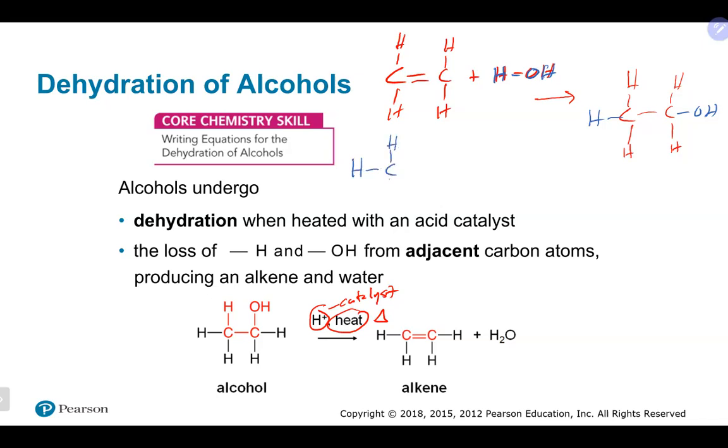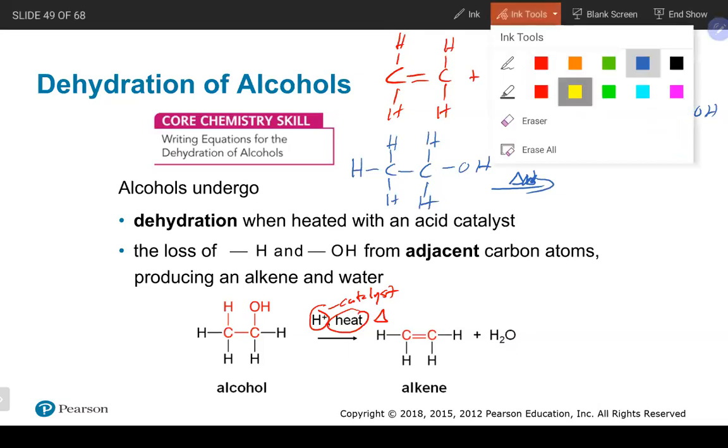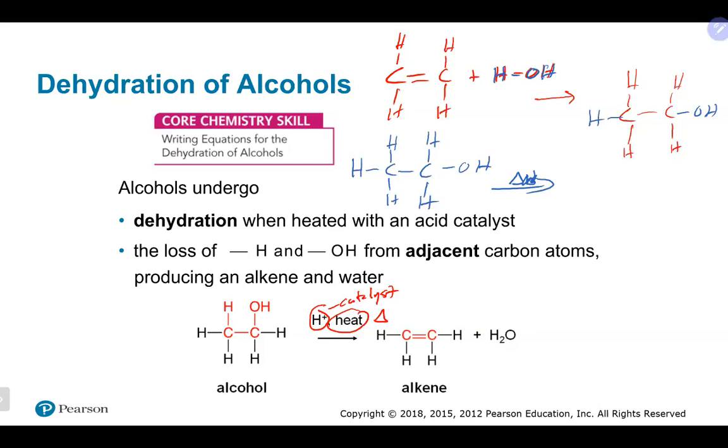So if we were to heat this up, with delta, what's going to happen is we're going to take off water. The important part is it's always going to be the OH.